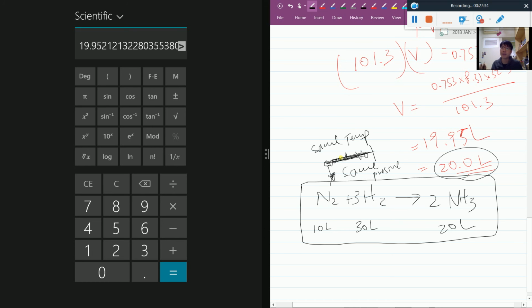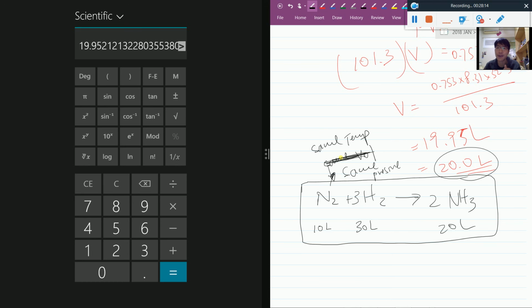If you keep the whole system, the left hand side and right hand side, under the same temperature and pressure, then you'll find that the number of mole is directly related, so you can tell the volume straight away. Because the volume controls the number of mole, all you need to do is look at the volume ratio, and you can find the answer straight away.